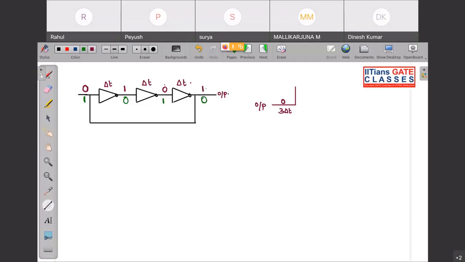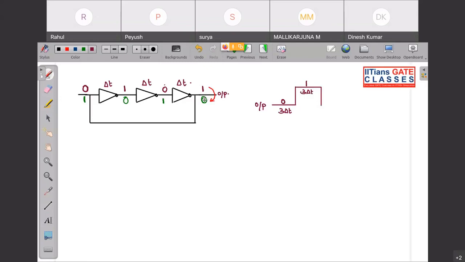Means your waveform will look like this. So after 3 del t time, this one has converted to 0.